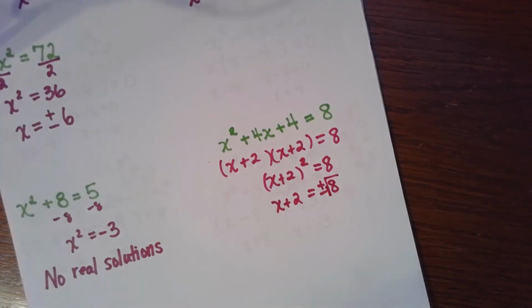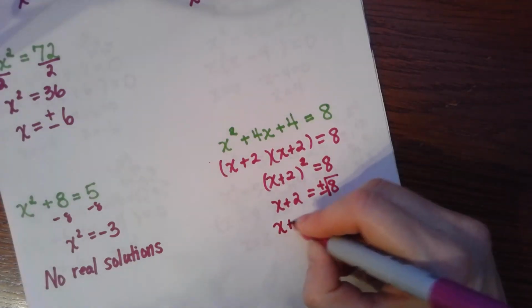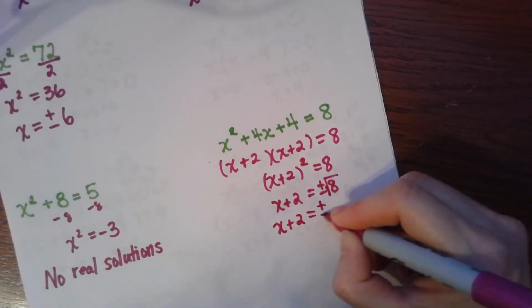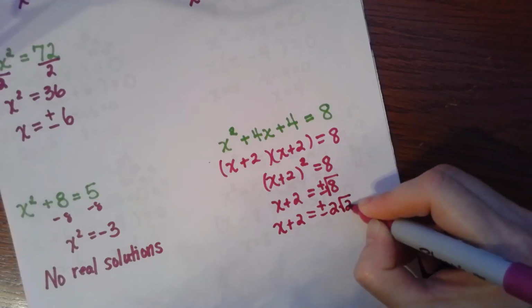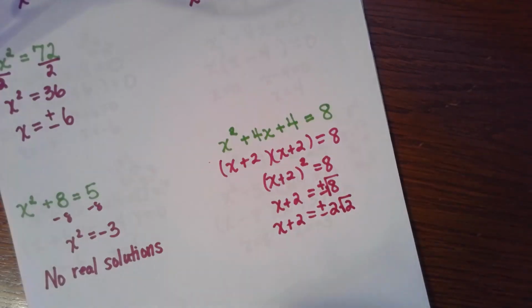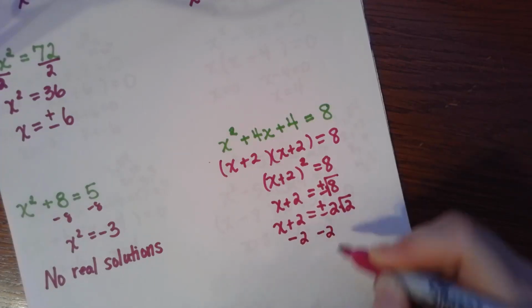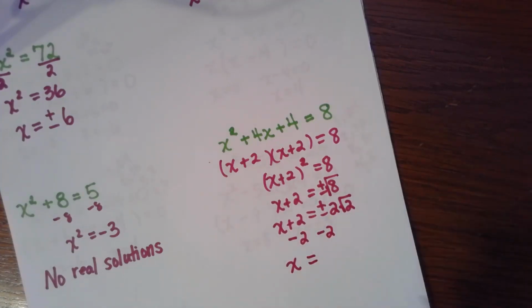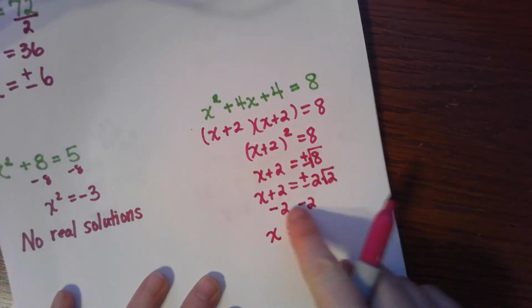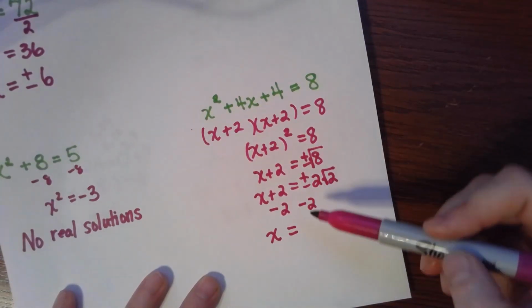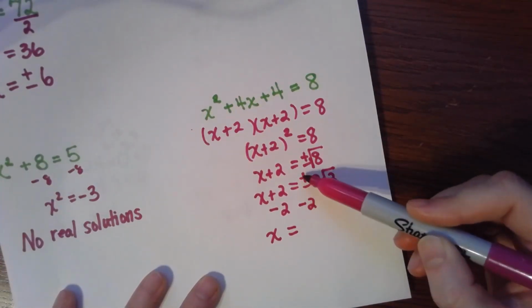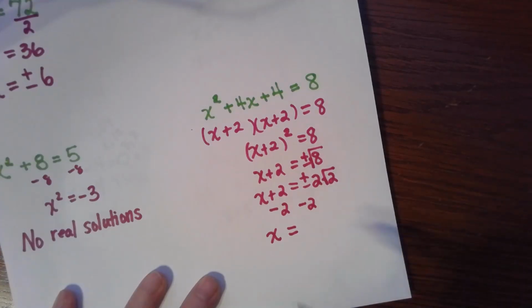Okay. Let's simplify the square root of 8. That's x plus 2 equals plus or minus 2 times the square root of 2. Okay, and then to isolate x, I want to subtract 2 from both sides. So what do we have left over here on the right? Well, I have a negative 2, and then I have plus or minus 2 square root of 2.